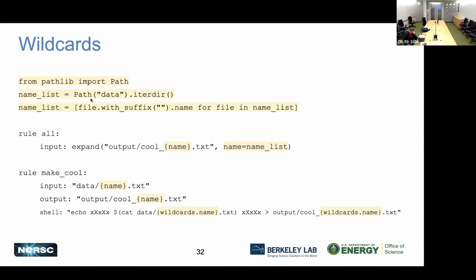And I had to spend some time actually figuring out a good way to do this. So I'm using the Python pathlib, and what it's doing is it's explicitly going to the data directory that is a child of whatever your working directory is. It's iterating through it.